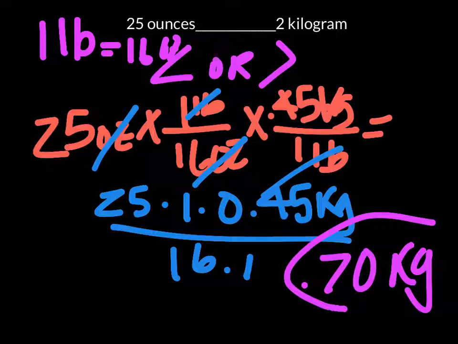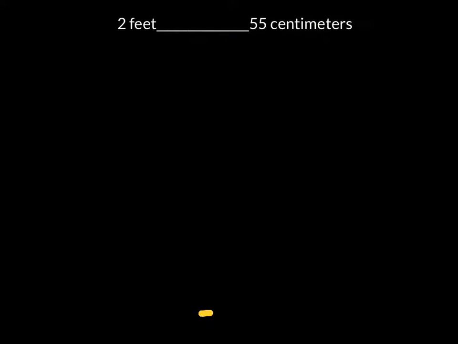Basically, when you see problems like this, you want to convert to what you know to be able to compare them. So we know that 25 ounces is 0.70 kilograms, and that is less than 2. So that means that 2 kilograms is greater than 25 ounces.